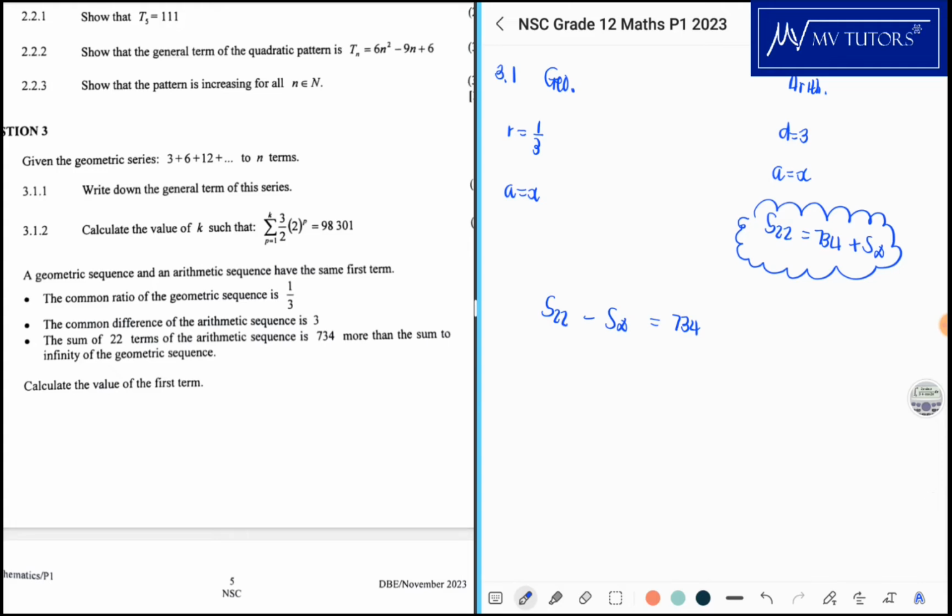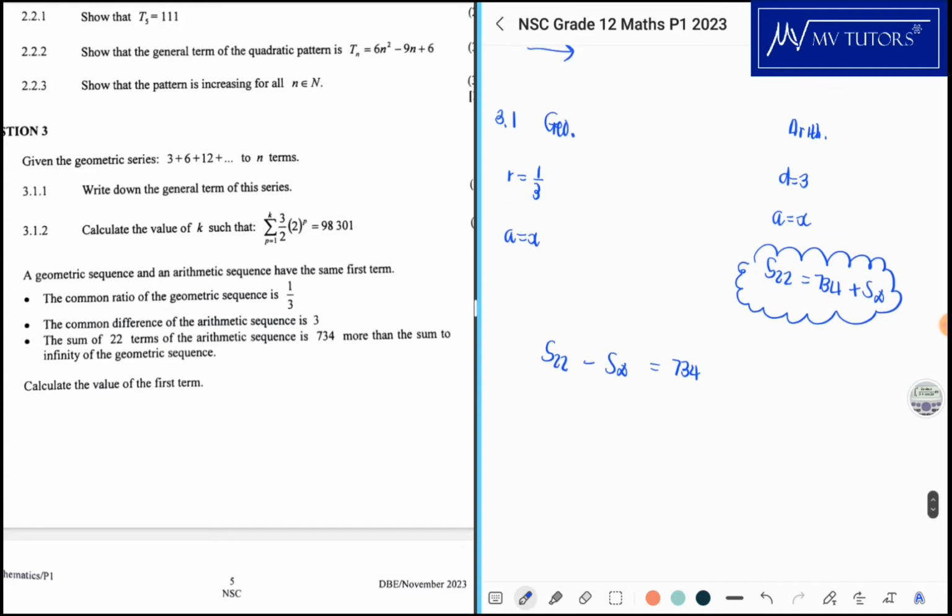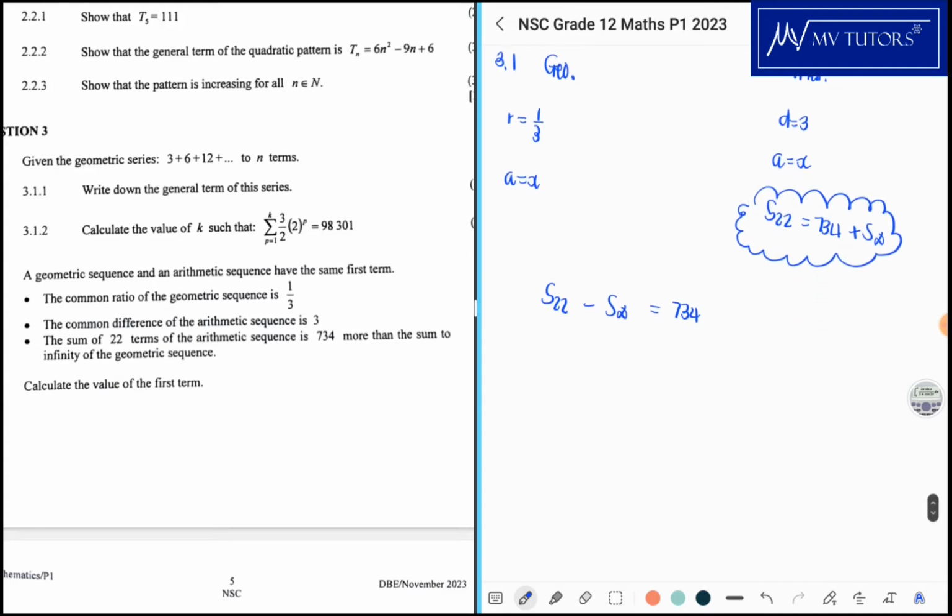All right, so yeah, let's get the sum of the 22 terms. Okay, this is the arithmetic sequence, so we're going to use the equation then. Remember the equation for Sn, for arithmetic, is actually n divided by 2, not 22, and then we have 2a plus (n minus 1)d.